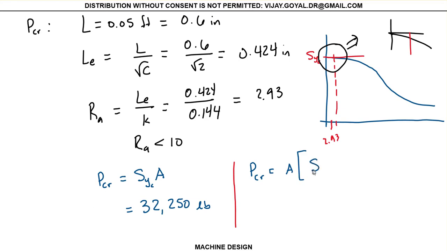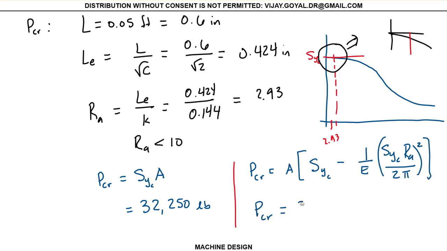Area is equal to sigma yield in compression minus sigma yield in compression squared, RA divided by 2 times pi squared. So that would give you P critical is 32,240 pounds. You can see that from both sides, the difference is that small, and it's not worth the effort.